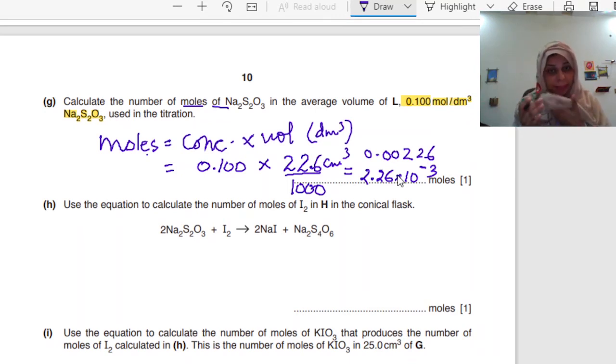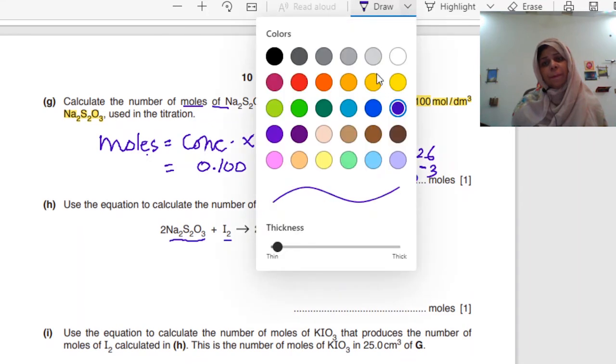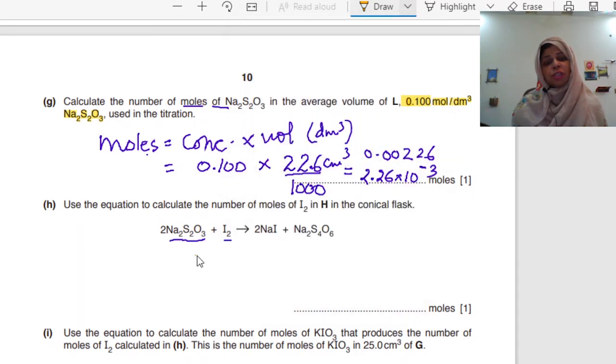Now next, use the equation to calculate the number of moles of iodine in the conical flask. We have the moles of sodium thiosulfate, and we have to calculate the moles of iodine. Which method can we use? Yes, the ratio method. Whenever we have to move from one part to another, we use the ratio between sodium thiosulfate and iodine. Because we want the moles of iodine, and we know the moles of sodium thiosulfate.